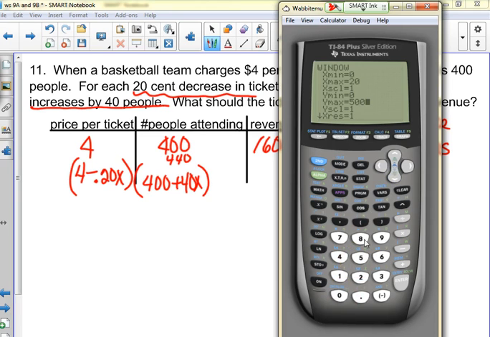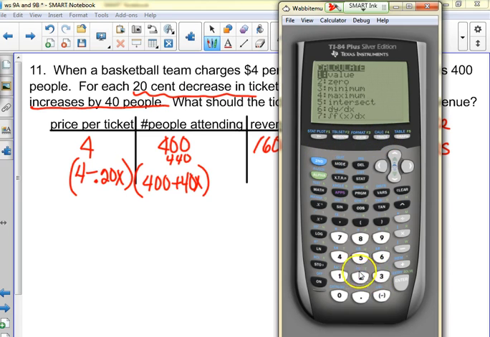And I don't need that high of a window either. Oh, just kidding. I need a higher one. Oh, it was 1,600. I thought it said 160 under there. Okay. 2,000 might not even be enough. There we go. So my window is 0 to 20 and 0 to 2,000.